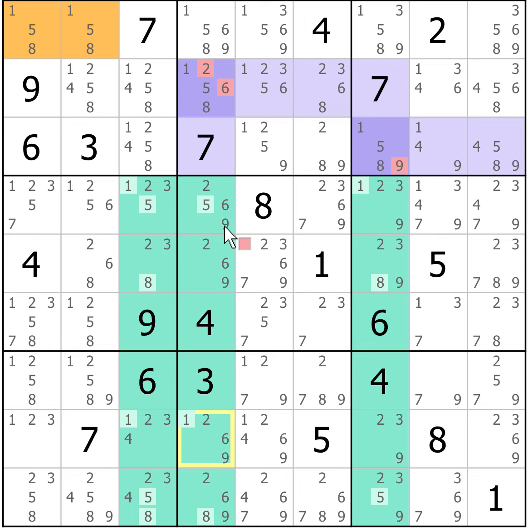Let's now, though, go through and see if there's anything more we can do with that rule that the mirror nodes, or the pair of mirror cells, must contain the same digits as their opposite target cells.